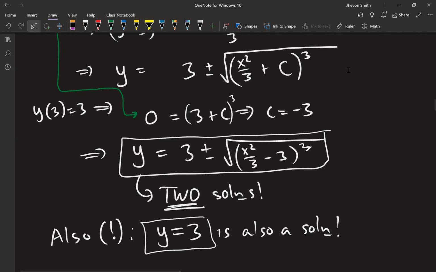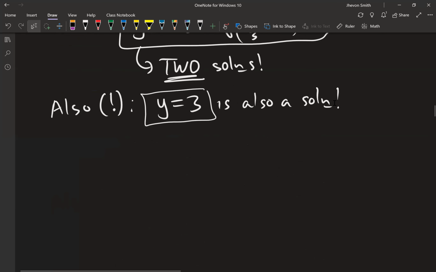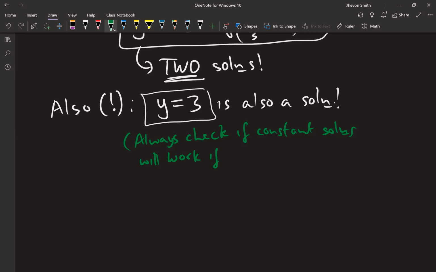And this is something that you always check, especially when you don't know a unique solution exists. Always check if constant solutions will work if you don't have a guaranteed existence.